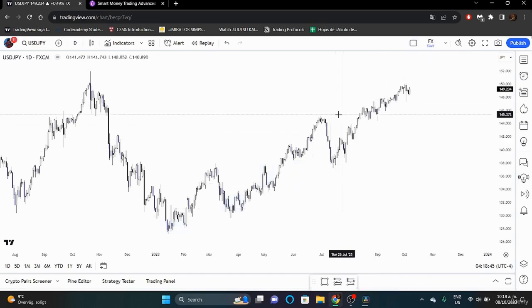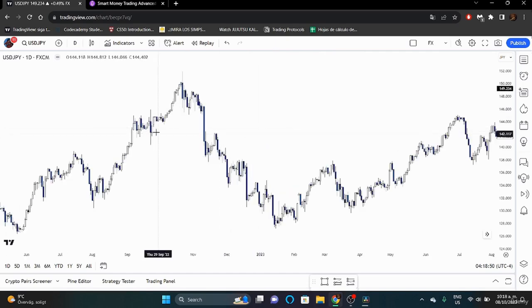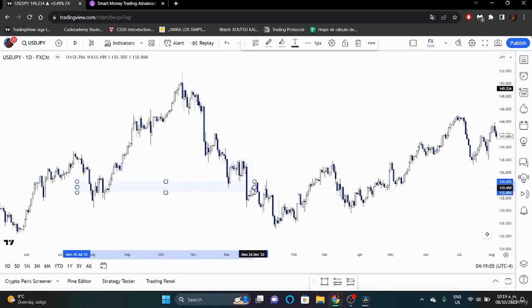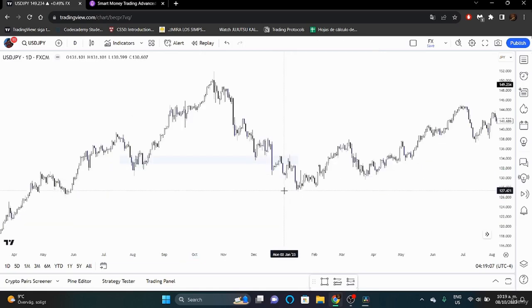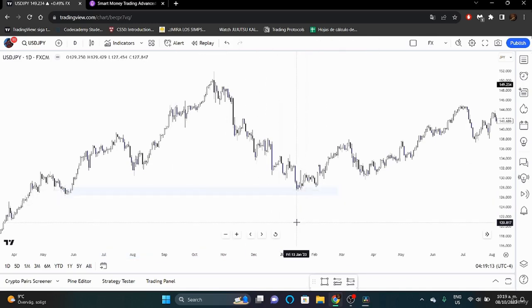But note something about this. Can you see here something, some pattern? The same places where price accumulated at, it's the same places it's going to try to accumulate at as well. It accumulated here, it starts accumulating there over again. It accumulated here, it accumulates over here again.